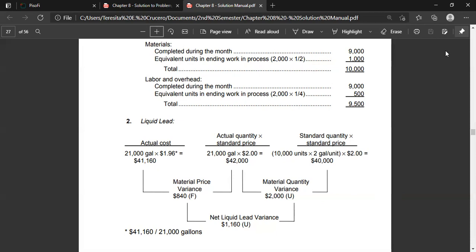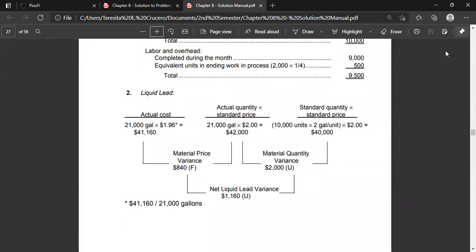So the net liquid lead variance is the sum of here 840, or the difference, and 2,000. 840 is favorable, 2,000 is unfavorable. So the net liquid lead variance of 1,160 is unfavorable. Now we go to requirement number 3.